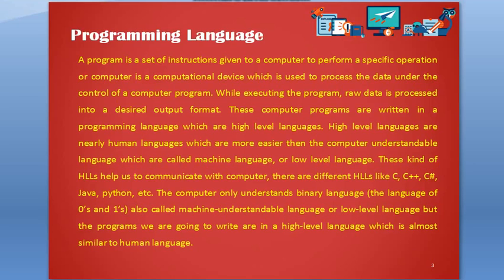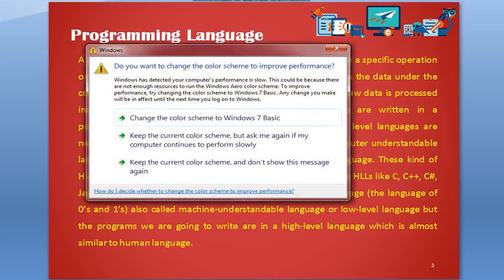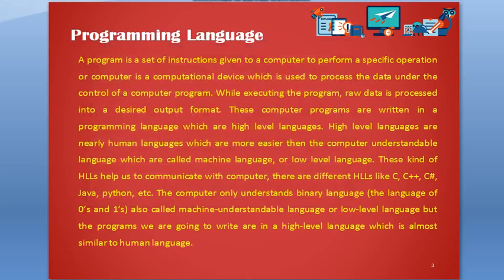At first, the definition of programming language is given here. A program is a set of instructions given to a computer to perform specific operations. A computer is a computational device which is used to process data under the control of a computer program.